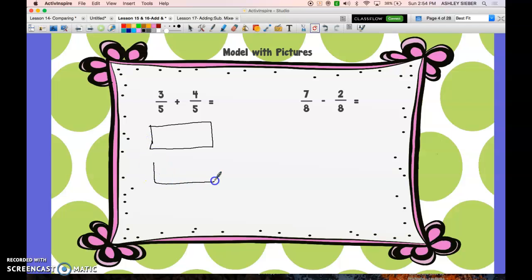I'm going to go ahead and draw 2 rectangles. I think I'm going to need 2. And 5, I can't do halvesies, so I'm just going to try to do my best. 1, 2, 3, 4, 5. And now I can copy the next one. Both of them have to be cut into fifths. And first I'm going to color 3/5. 1, 2, 3.